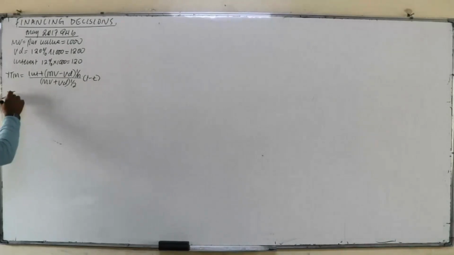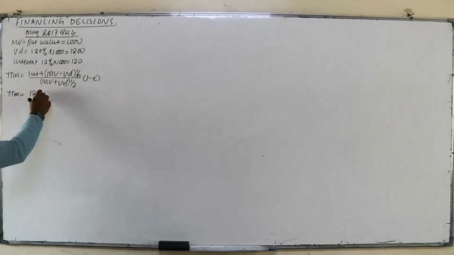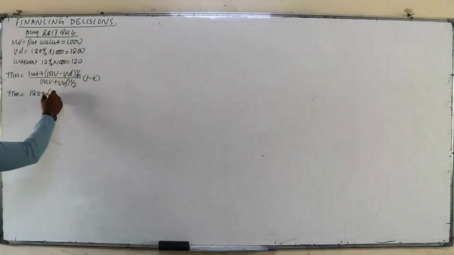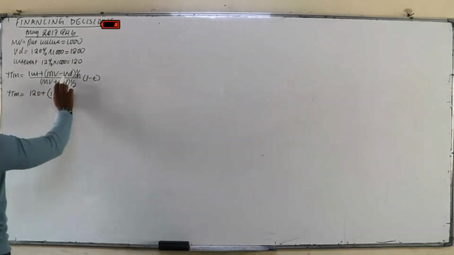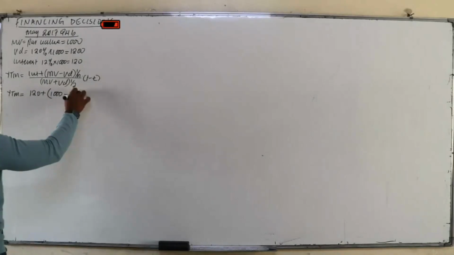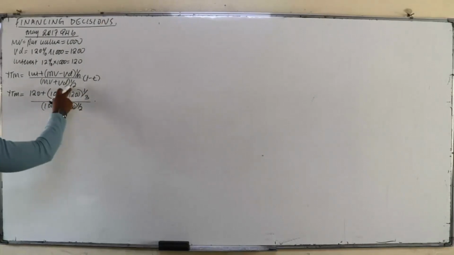So the yield to maturity will be: you take the interest, which is 120, plus the maturity value of 1,000 minus the current value of the debt, 1,200, 1 over n. The maturity period was 3 years. Then you take 1,000 plus 1,200 and get the average, 1 over 2.